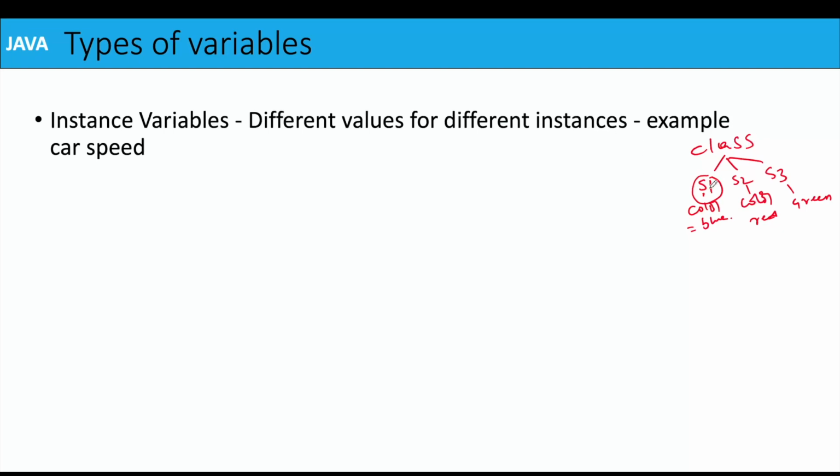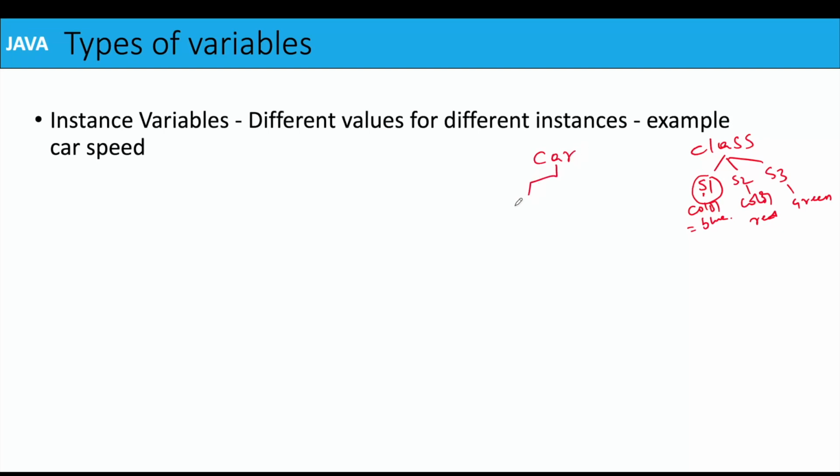For this class, s1, s2, s3 are three different instances, three different copies, right? For s1 there may be one value, for s2 another value, for s3 another value. They may be the same but they may be different. If different values are there, then we call it an instance variable. To understand more clearly, you can take a car example. Let us assume we have a car class.